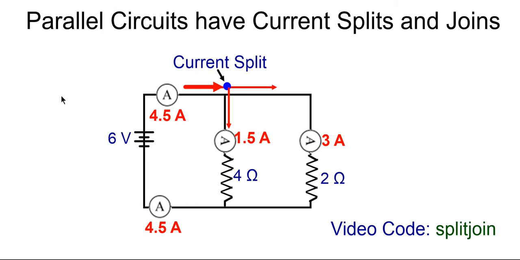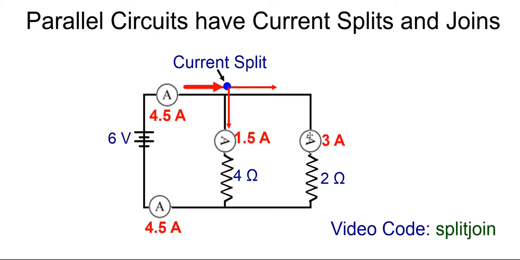Now the reason for this is that parallel circuits have current splits and current joins. So say we have 4.5 amps here coming up around here. At this point right here, that current has to split, doesn't it? Some will go down that leg, some will go down that leg. And that's the first reason why current differs. In this situation, 1.5 came down here, and 3 came over here.